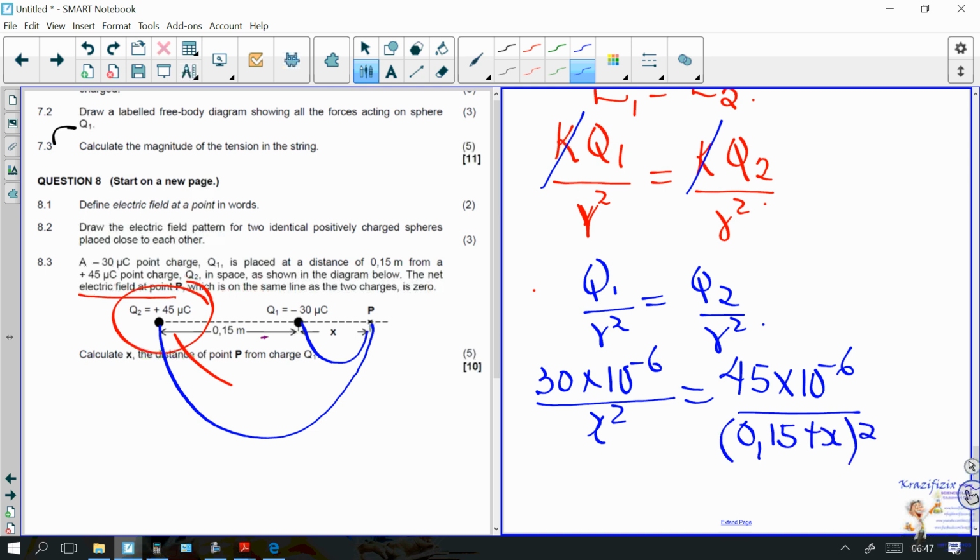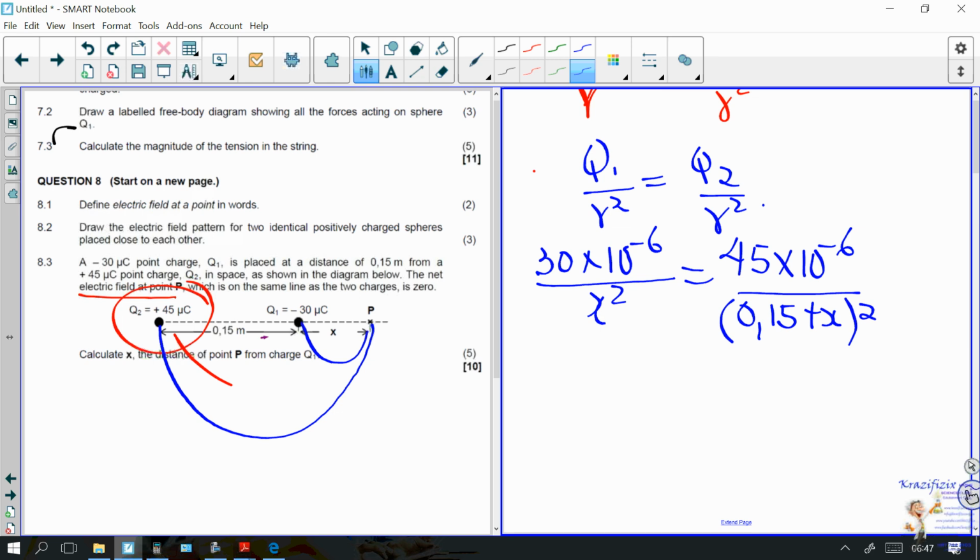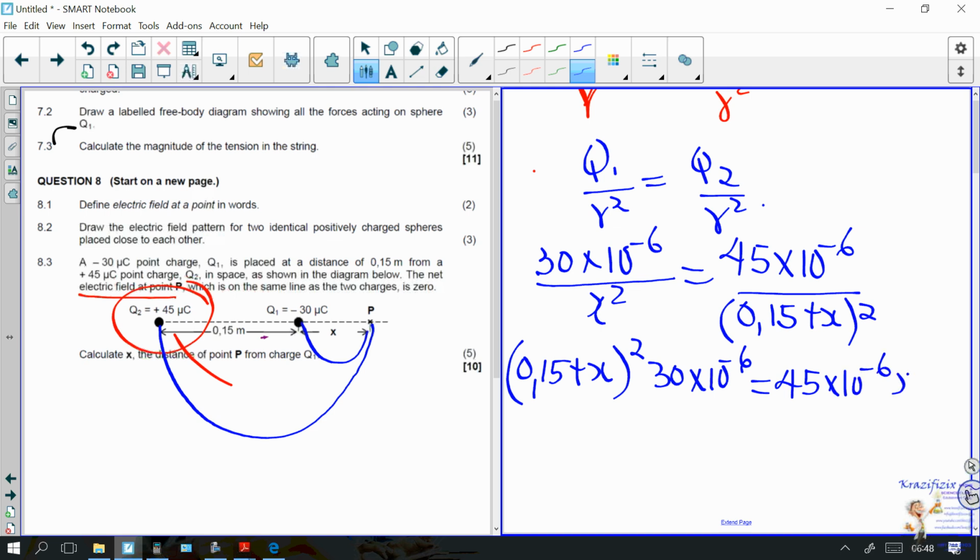Now I know it's a question of mathematics. We're going to make it easy, cross multiply. (0.15 plus x) all squared, multiplied by 30 times 10 to the power negative 6, equals 45 times 10 to the power negative 6 times x squared.